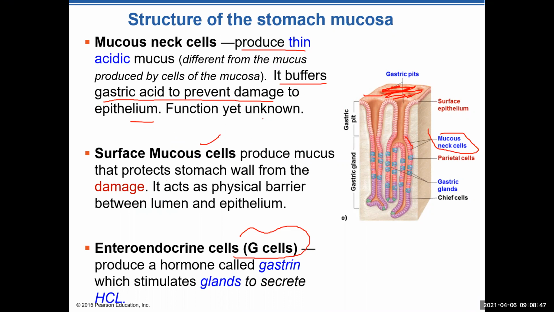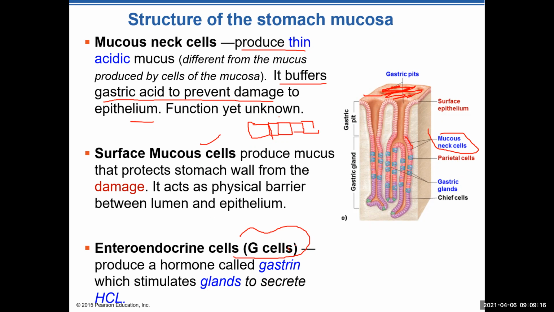Even the epithelial cells, if you remember from last semester, we spoke about the tight junctions present between the epithelial cells of the alimentary canal, right? These tight junctions prevent the leaking of the gastric juice. They do not allow gastric juice to leak out, right? So even tight junctions play an important role in the mucosal barrier, right?